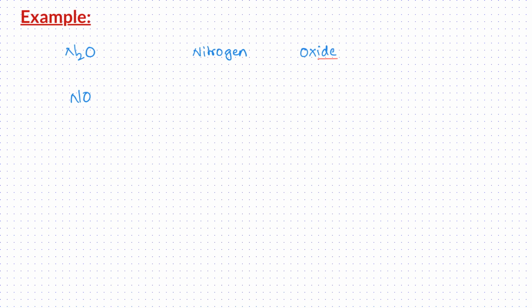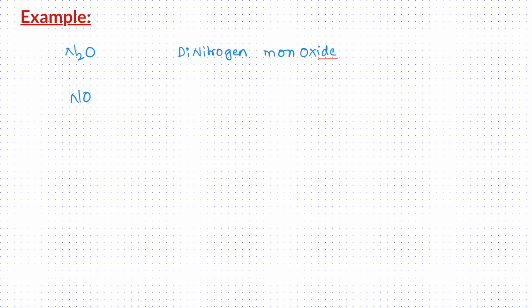We have two nitrogens, therefore it would be dinitrogen, and only one oxygen, and the prefix for one is mono. So it will become dinitrogen monoxide.